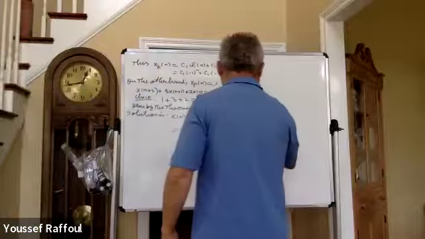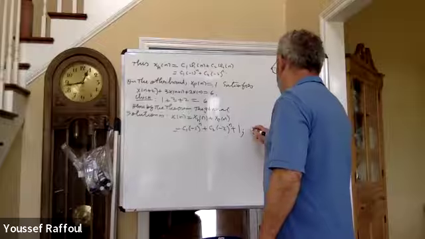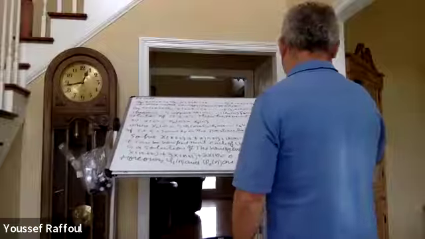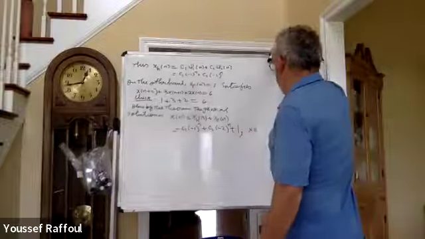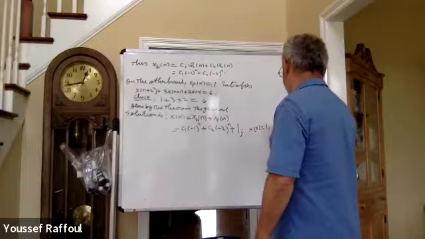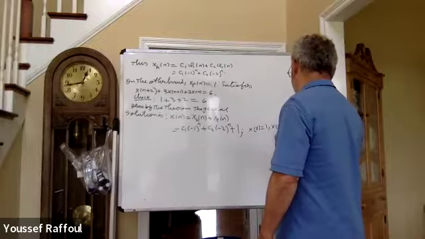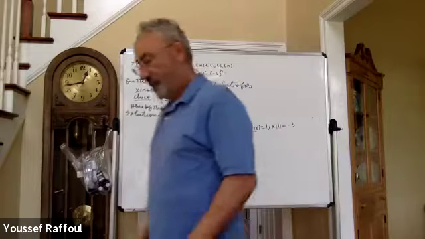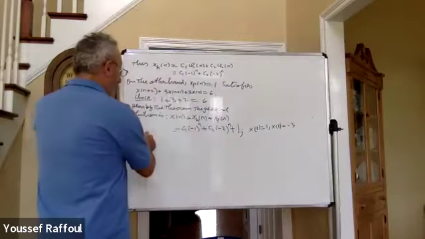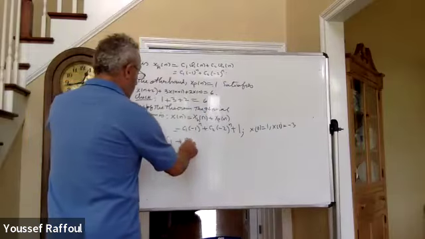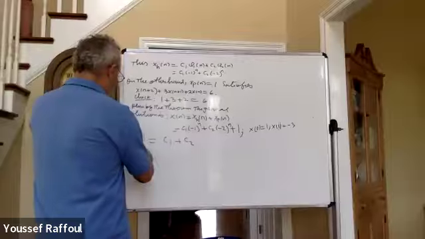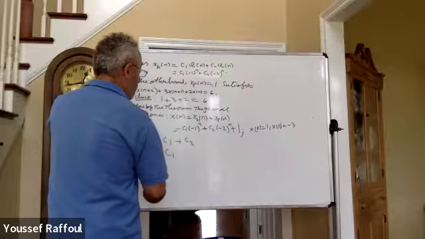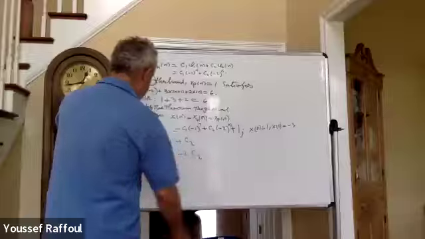Now, we were given x0 equals 1, x1 equals minus 3. Okay? So let's see. We have 1 equals c1 plus c2, and we have minus 3 equal to minus c1 minus 2c2.